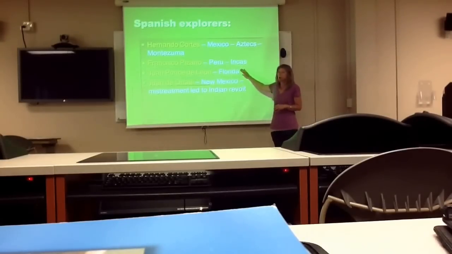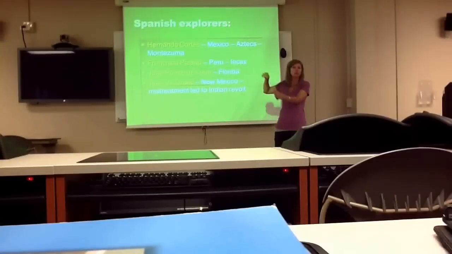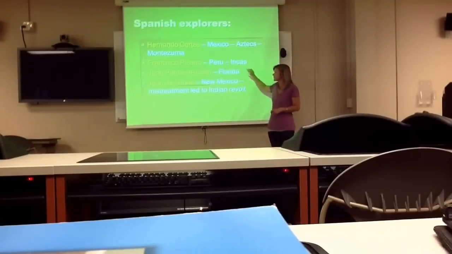Then you have Pizarro, who will go into South America, what is today Peru, and he will go climbing up, and imagine all their armor and so forth, climbing up into the Andes Mountains, where they will discover the Incas, who had a kingdom something like 200 miles long and only about 6 miles wide, so just really tall and high in the Andes Mountains there.